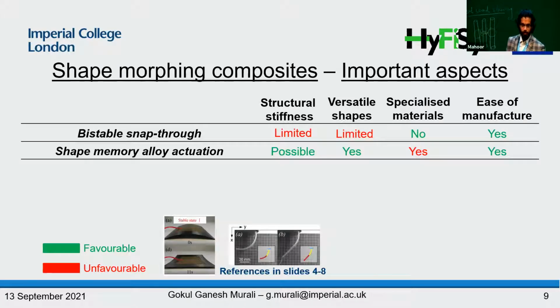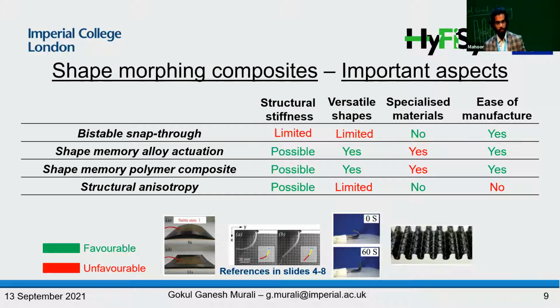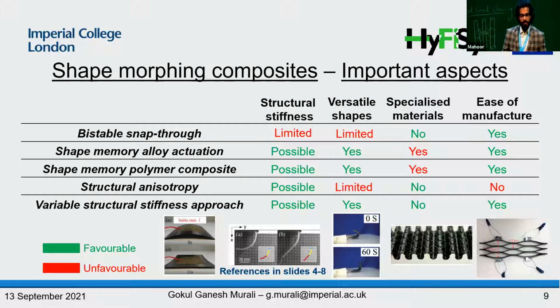Shape memory alloy composites can have good structural stiffness and multiple shapes, but they require special materials, which tends to increase the cost and complexity, though they can be easily manufactured, similar to shape memory polymer composites. Structural anisotropy composites have limited shapes, but they can be stiff. They are a bit difficult to manufacture, but they use conventional materials. But variable stiffness composites have all the favorable conditions that we need for a structural composite.